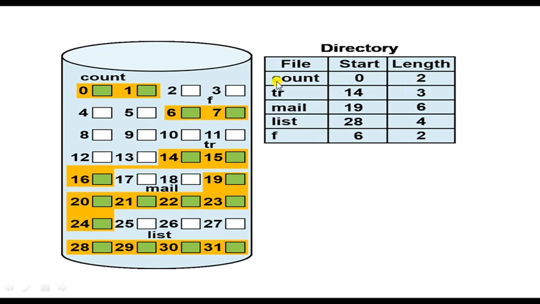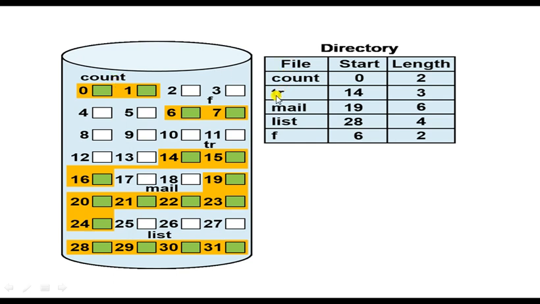If you observe, here the file name is count, the starting location is 0, and the length of the file is 2, meaning it occupies 2 blocks. It is contiguous, meaning 0 and 1. So these 2 blocks hold the count file content.